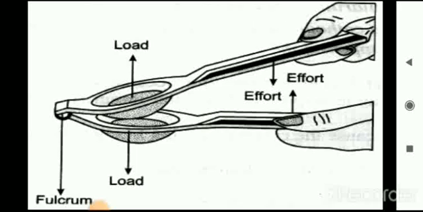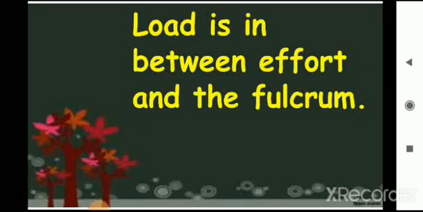Between the fulcrum and effort there is the load. When we apply effort, the load is moving. So in a second class lever, the load is between the effort and the fulcrum. Clear? And what are some examples? Examples may be wheelbarrow, bottle opener, nutcracker.